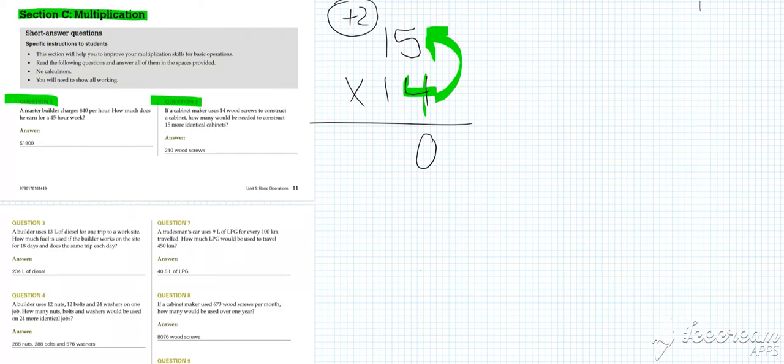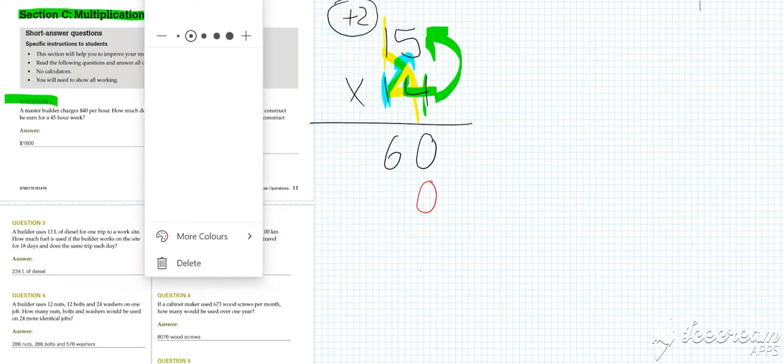Then we're going to go 4 times by 1, which is 4. Then, I forgot to add my 0. 4, add the 2 is 6. Then I'm going to put my placeholder again, and I'm going to jump on the 1 times the 5, which will give me 5.